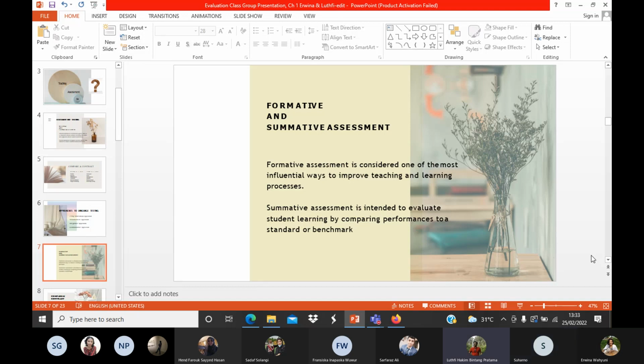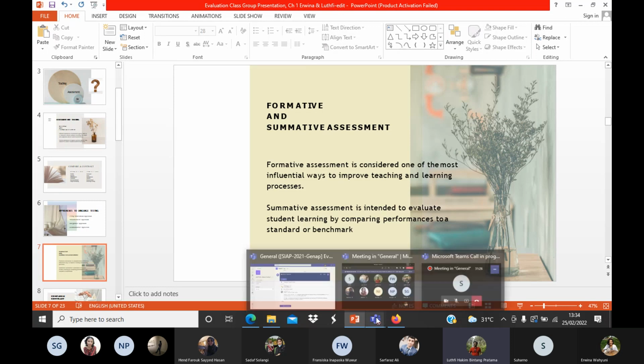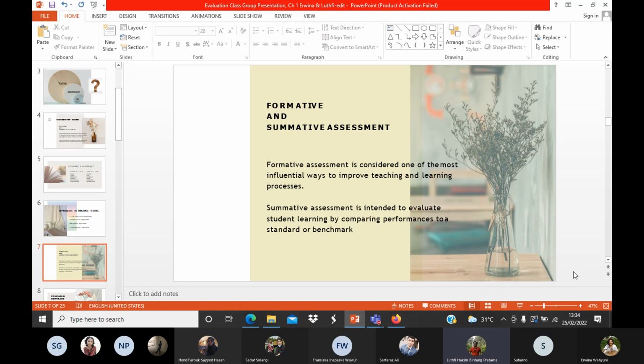Formative assessment is considered one of the most influential ways to improve the teaching and learning process. And summative assessment is intended to evaluate student learning by comparing performance to a standard benchmark. So, what is the meaning of this? The formative assessment focuses on the teaching and learning process, and the summative assessment is intended to evaluate student learning by comparing performance. That is the comparison.